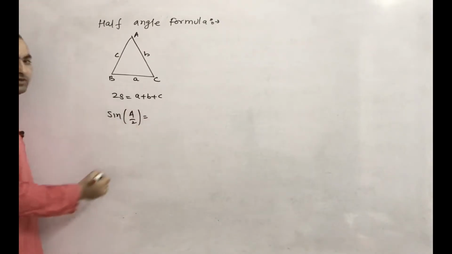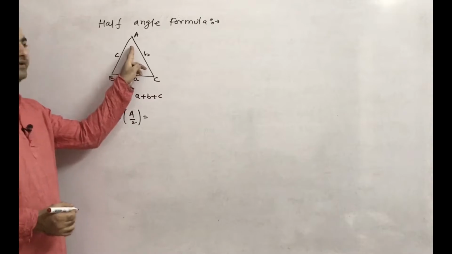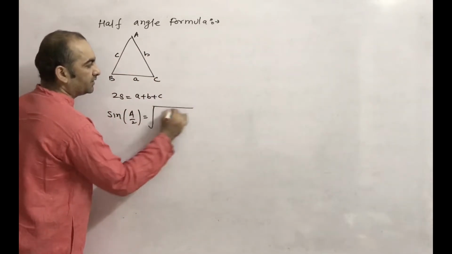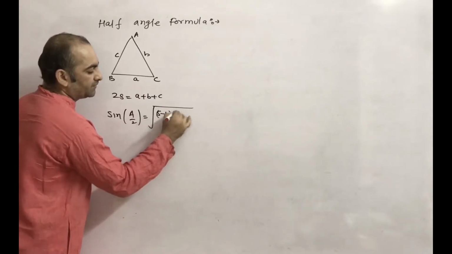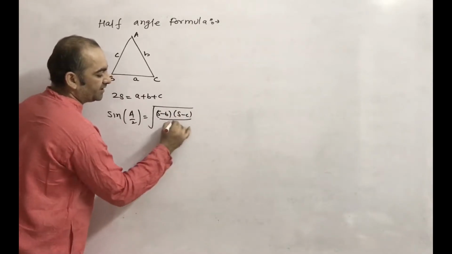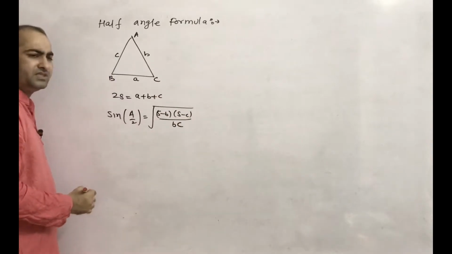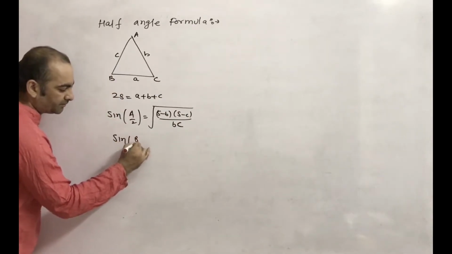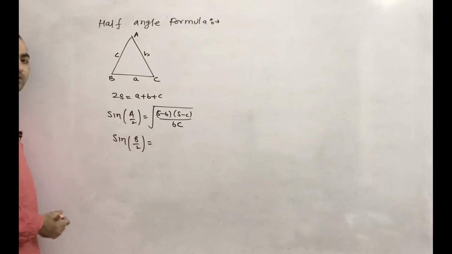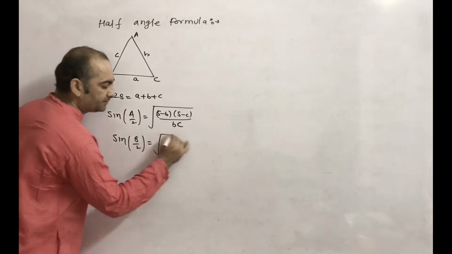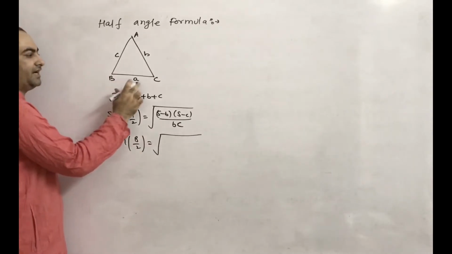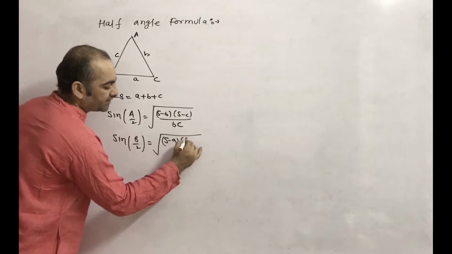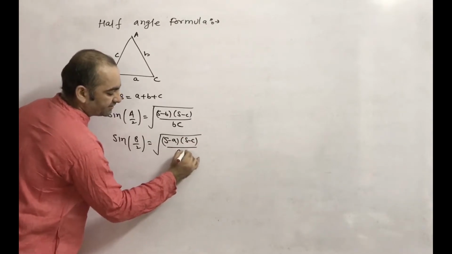If you want to find sin A by 2: angle A is between sides b and c, so sin A by 2 is root over (s minus b)(s minus c) divided by bc. Similarly, sin B by 2, since angle B is between sides a and c, is root over (s minus a)(s minus c) divided by ac.